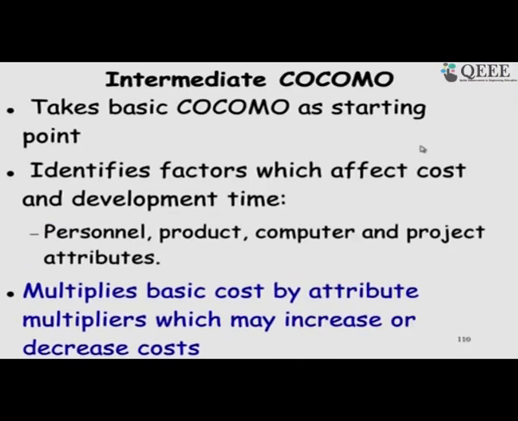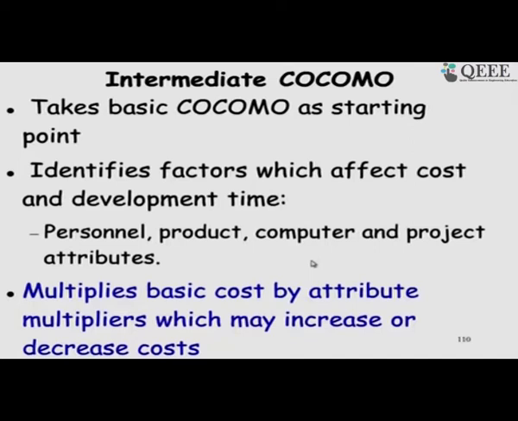Now, once the basic COCOMO results are available, that gives a rough indication, and we have to adjust the value by considering several factors of the project called the cost drivers, and multiply those, a simple multiplication here for each of those attributes.